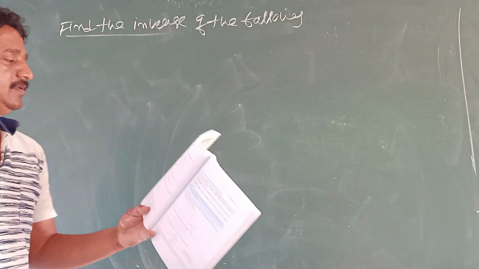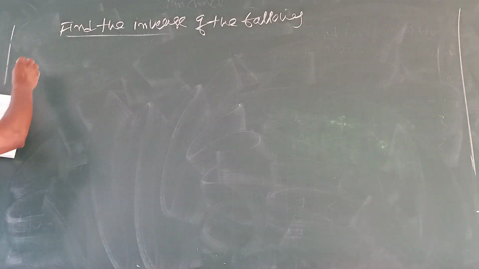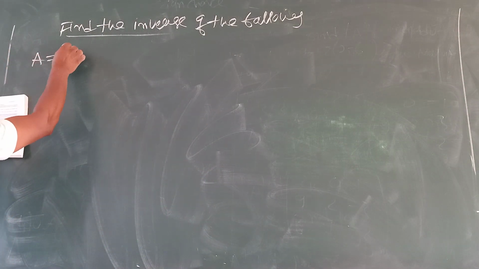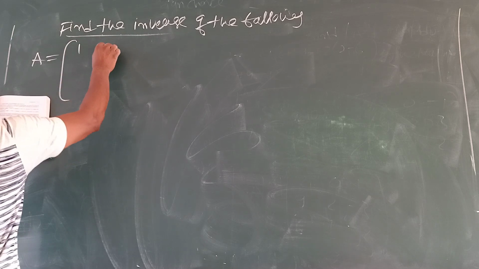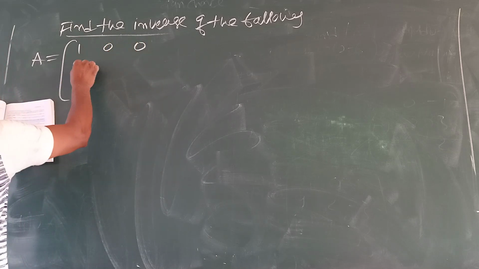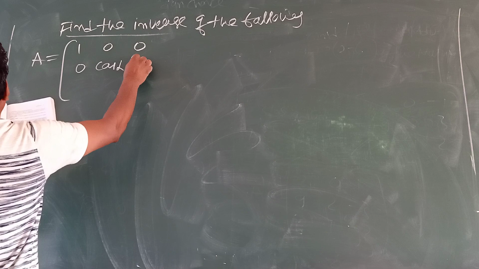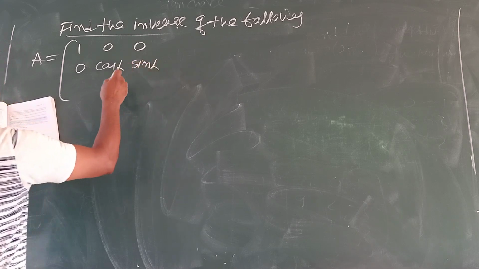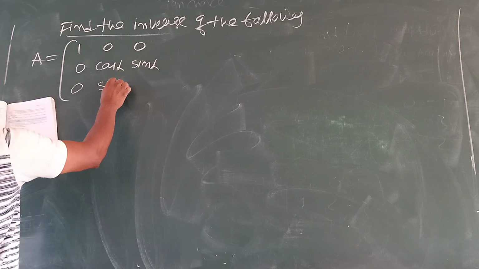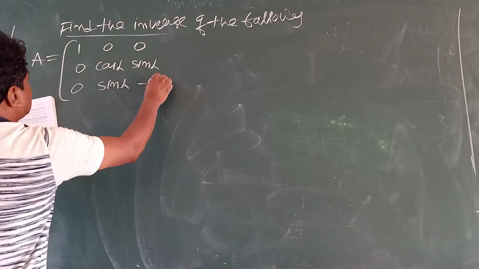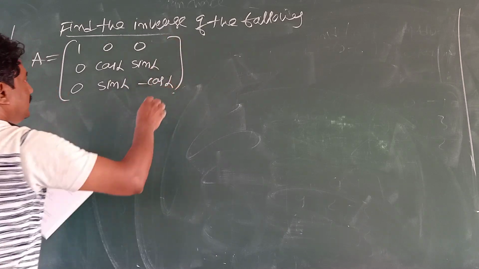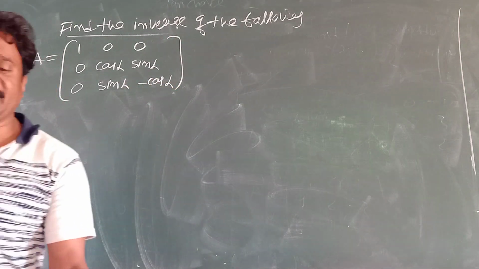So matrix A equals 1 0 0 cos alpha sin alpha 0 sin alpha minus cos alpha. Let us find inverse of this matrix.